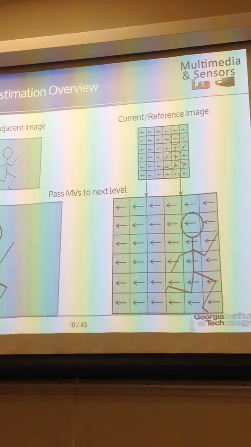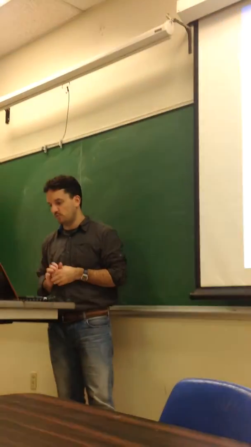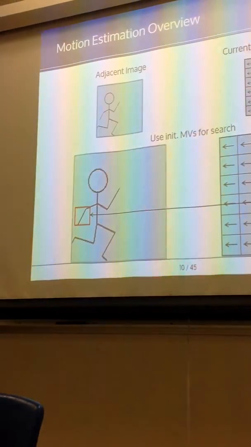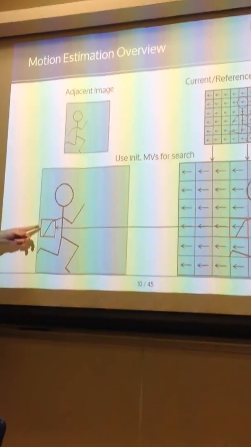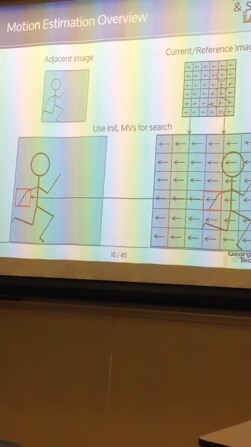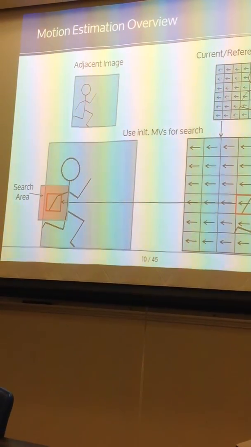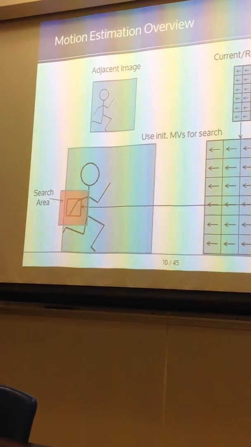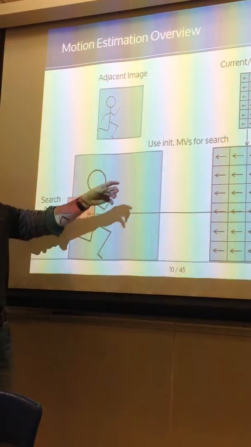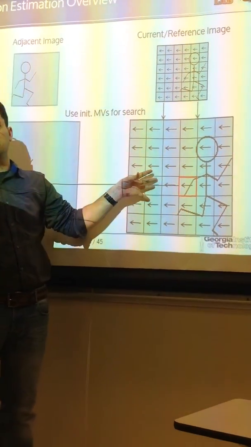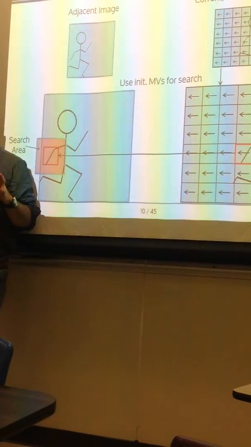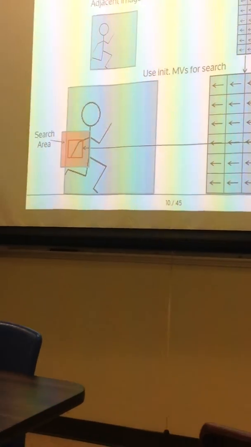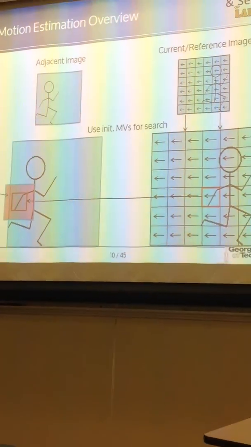From that next level, you take a block, for example, and that block points to some position over here. You need to form another search area. Maybe you're asking yourself, why are we doing this again? Well, the reason is that when we go from this image to this image, we interpolated. Or maybe we didn't interpolate, we started with the original image and went down.